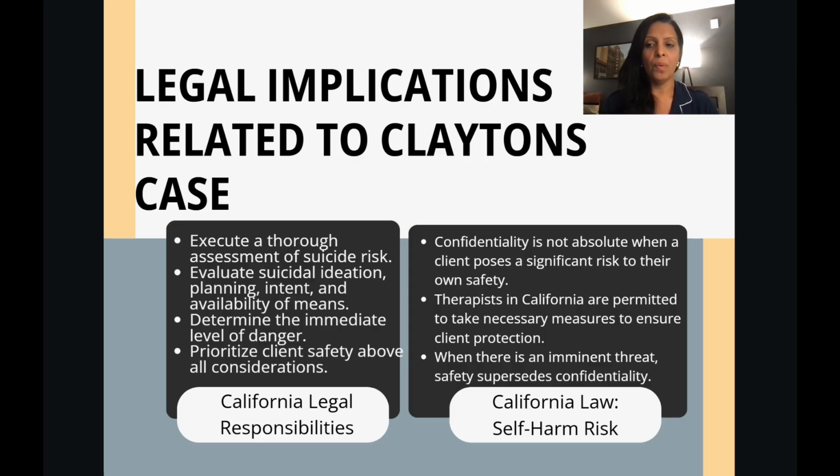While protecting client privacy is one of the foundations of therapy, California law recognizes that protecting a client's safety comes first when there is a serious risk for self harm. In these situations, therapists are legally permitted to take reasonable steps to protect the client, even if that requires limited disclosure of confidential information. These decisions should always be based on sound clinical judgment and use the least restrictive intervention necessary to maintain the client's safety.